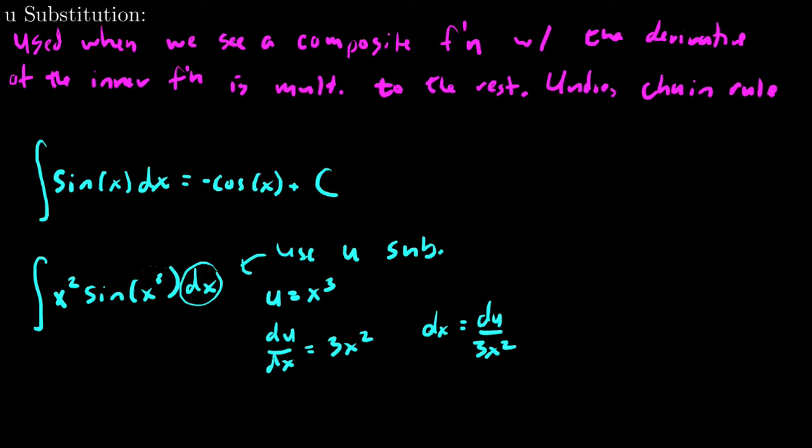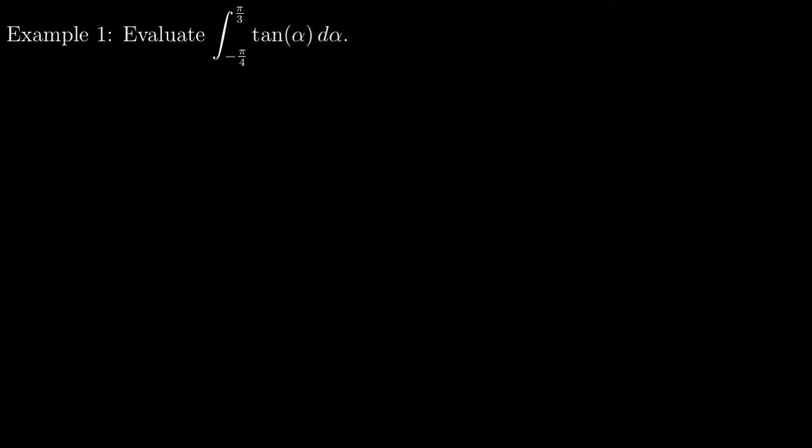There are 2 ways to do this. The first way is just based on what we saw in a video a few weeks ago about u-Substitution, where I'm going to just try to find the antiderivative, then come back. So I'm going to just look at the antiderivative of tangent alpha d alpha.